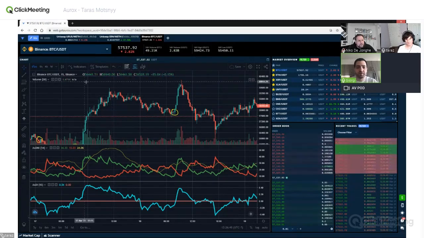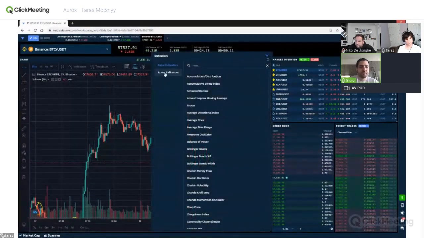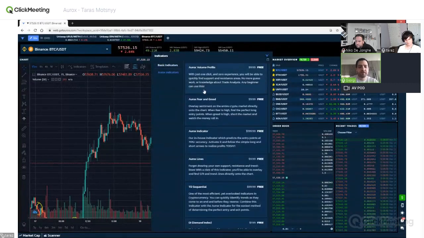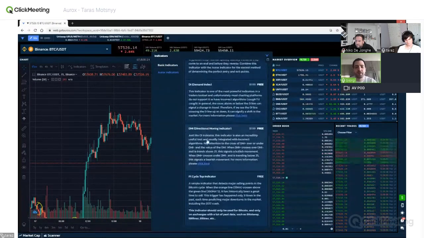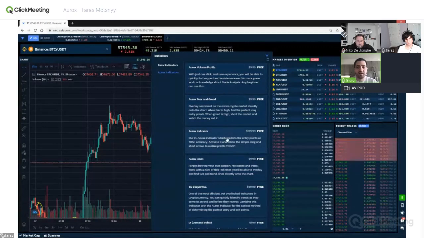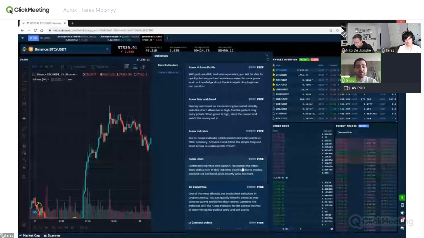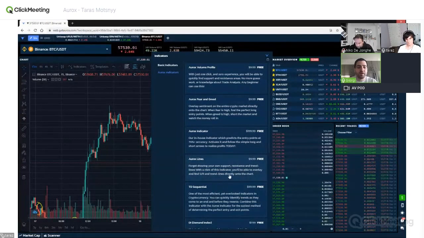One of them is utilizing TD sequential, which is in our advanced indicators tab. If you're trying to find these indicators, Taras, can you hit indicators? Yeah. So if you hit Aurox indicators, there are indicators in there. These are indicators that we've compiled. Some of them are proprietary, some of them are not. We've modified them. The TD sequential is our modified version of the original TD sequential.